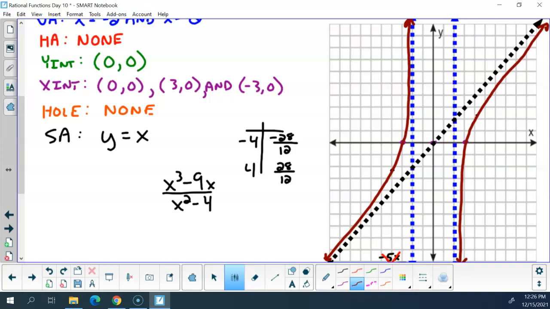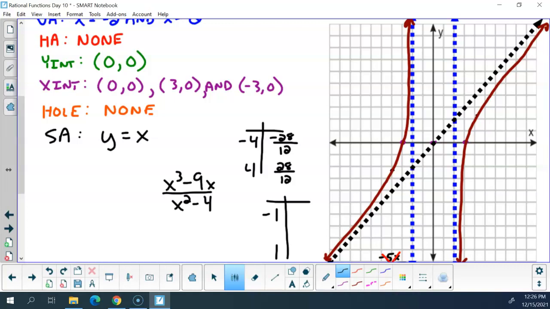Now we just got that middle zone. Let's go with negative 1 and positive 1. Negative 1 cubed is negative 1.